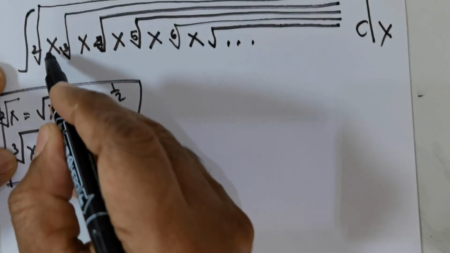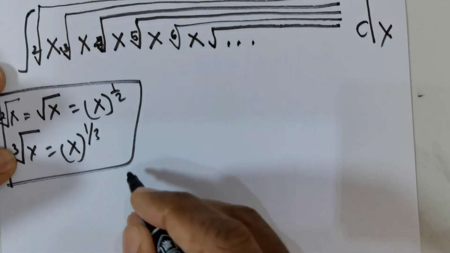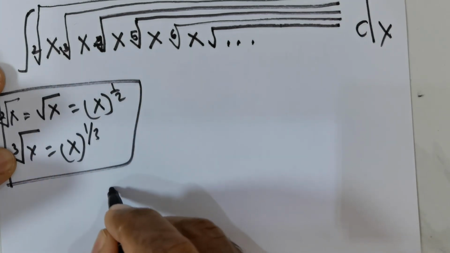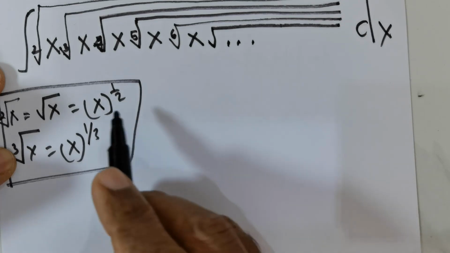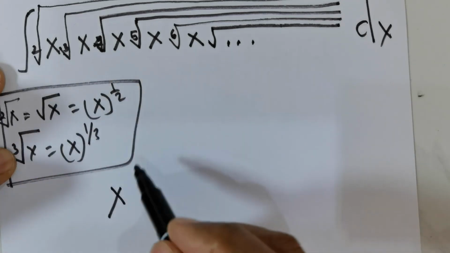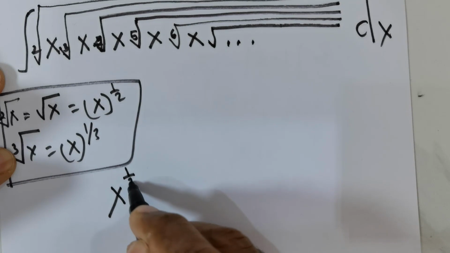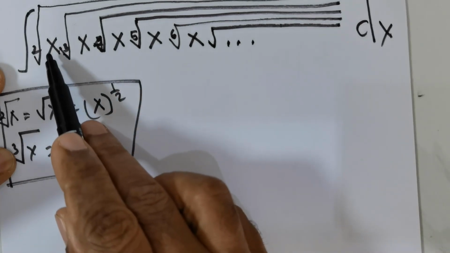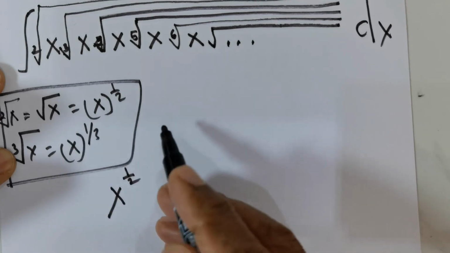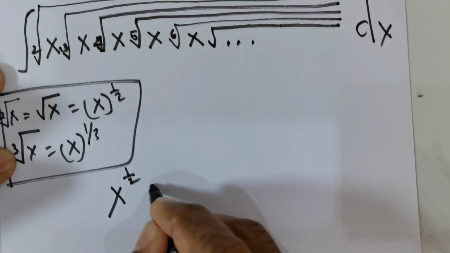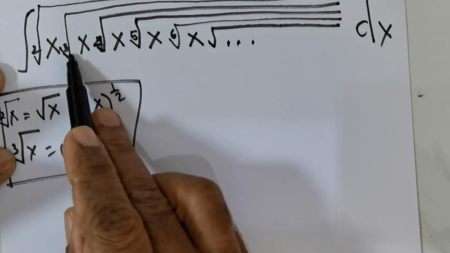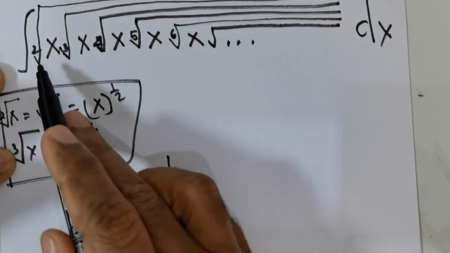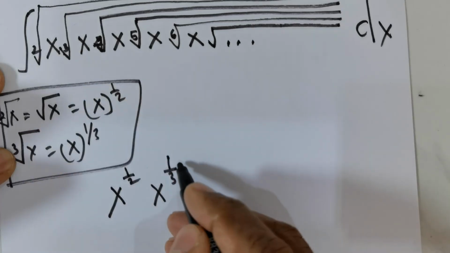Now let me take the first root, or the first quantity. The first quantity is actually x, and on the top of x you have 1 over 2. Okay, fair enough. Now that x which we have just represented here is multiplied by another x which has got 1 over 3, and on top of it you got 1 over 2.